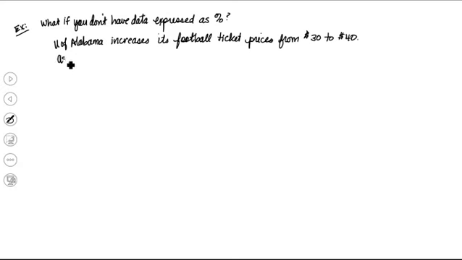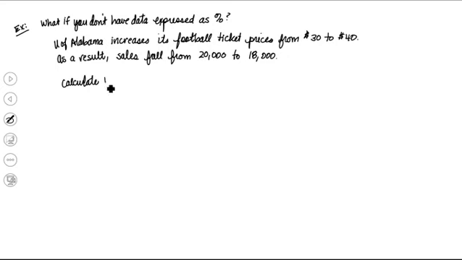And as a result, sales fall from, let's say, 20,000 tickets to 18,000. I'm sure their stadium is far bigger than that, so easy numbers though. And we want to do the same thing. We want to calculate elasticity of demand.